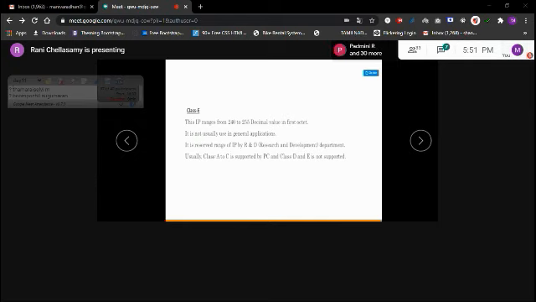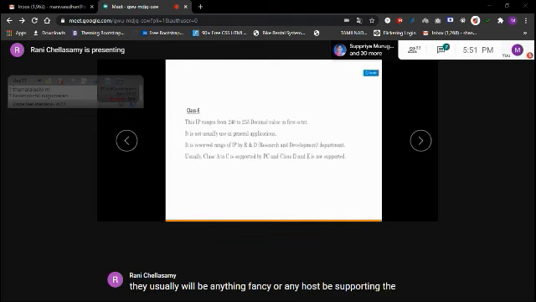Mainly it's reserved. This IP address is reserved for the research and development department, okay, the R&D department. So usually any PC or any host will support the first 3 classes, class A to class C, and class D and E are not supported. Okay, they are specifically reserved.